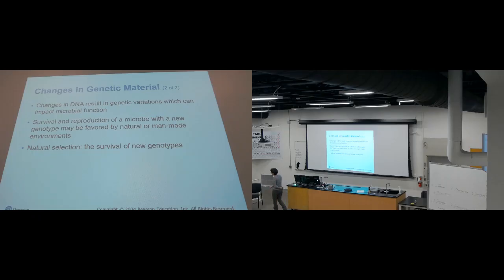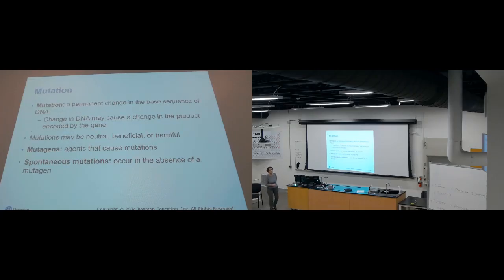So basically, we can also induce mutations in the DNA of microbes to have a benefit. When it occurs naturally, it is known as natural selection, which selects for the best mutations. So you have the survival of the fittest in this case.